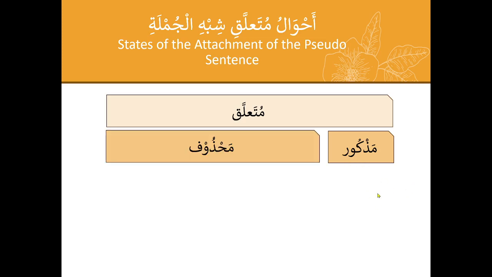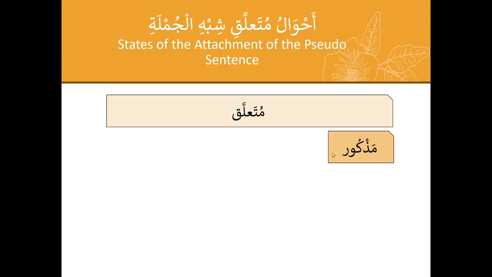For a mazkur, we can have a verb, which is a fi'il, or we can have isms like ismul fi'li, which are actually isms but behave like a verb, like uff.